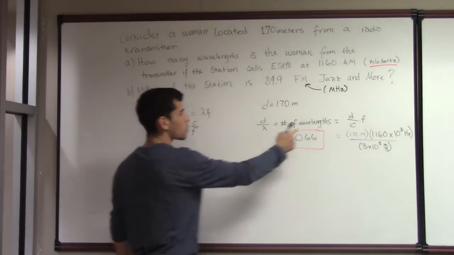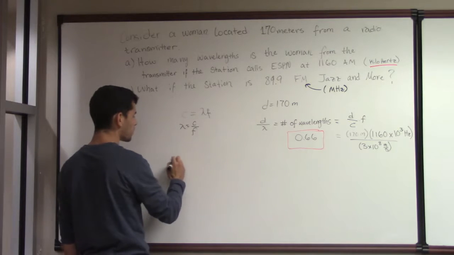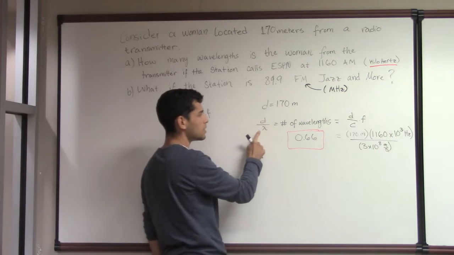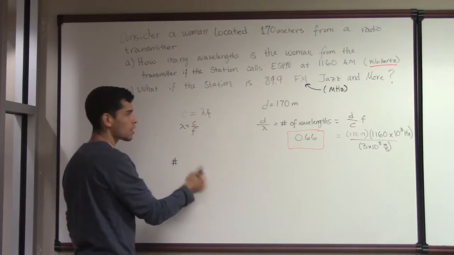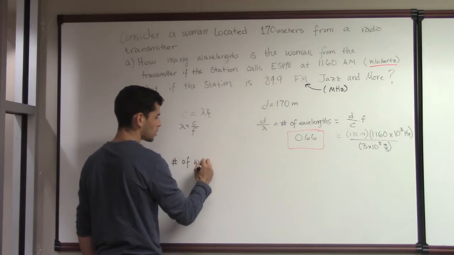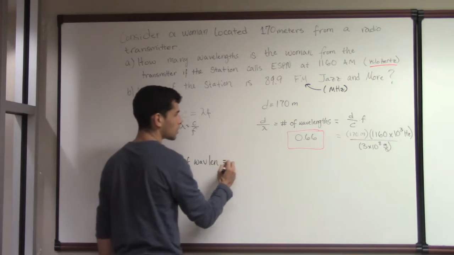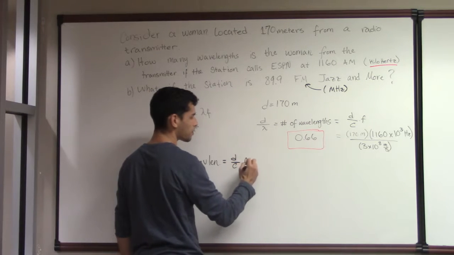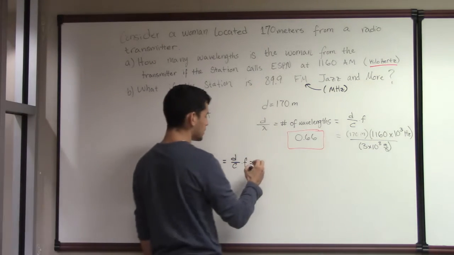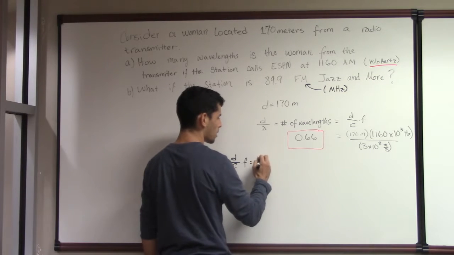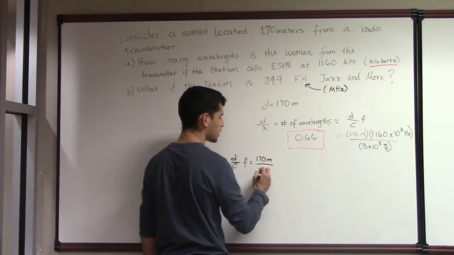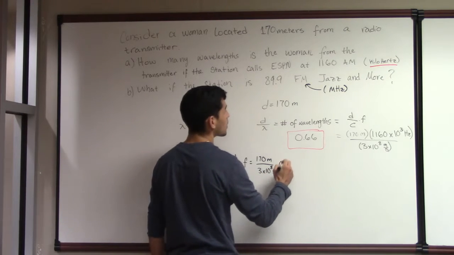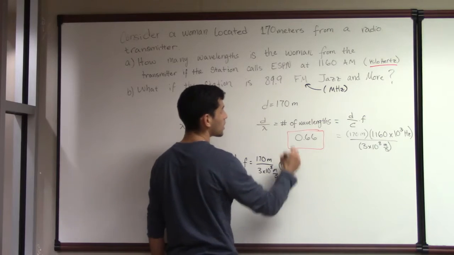So if we go back to our original equation, we'll have the number of wavelengths, which we found by inputting our equation for lambda into d over lambda. We will again have d times f over c. Our d and our c will stay the same, so we'll have 170 meters over 3 times 10 to the 8 meters per second, but now we'll have 89.9 megahertz.